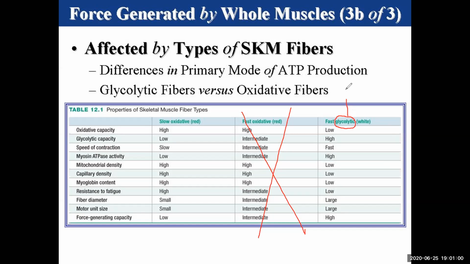So here, no oxygen. So if you don't need oxygen, you don't need a lot of mitochondria. So if you go down here, mitochondrial density, low.